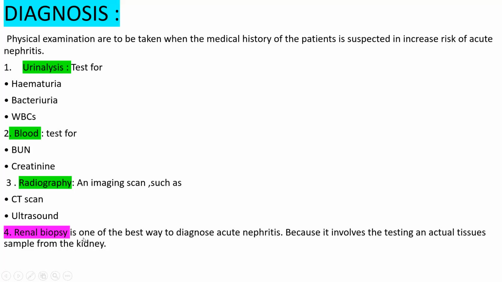So renal biopsy is one of the best ways to diagnose acute nephritis, because you are directly taking a sample of tissue from your kidney. Then it is very easy to diagnose whether a person has inflammation in the kidney or not. So this is all about renal biopsy.